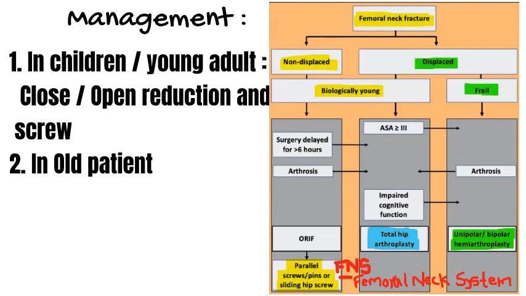For a biologically young patient with ASA more than 3, we can do a total hip replacement. For a displaced fracture in a frail patient, we can do a unipolar or bipolar hemiarthroplasty.